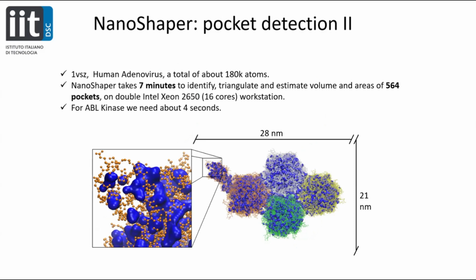If you use it on a more normal protein, for instance Abelson kinase, you can do it in 4 seconds. Actually, we are now working on the software to make it faster, so probably 7 minutes will become something like 1 minute, most probably in the next couple of months.